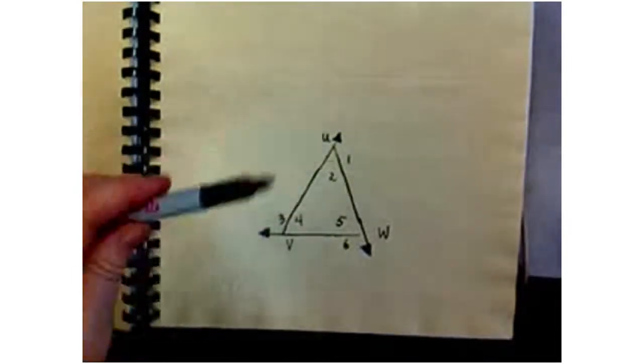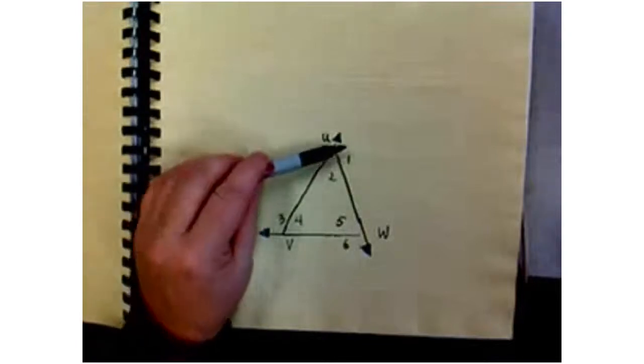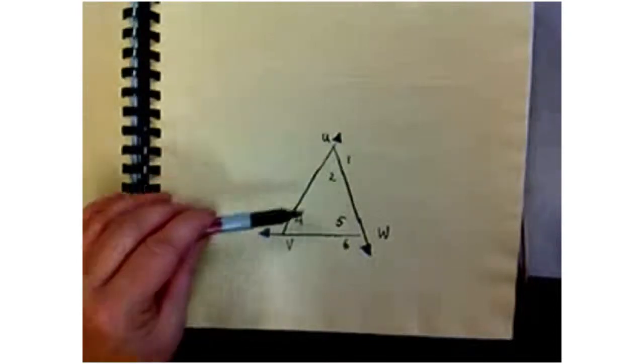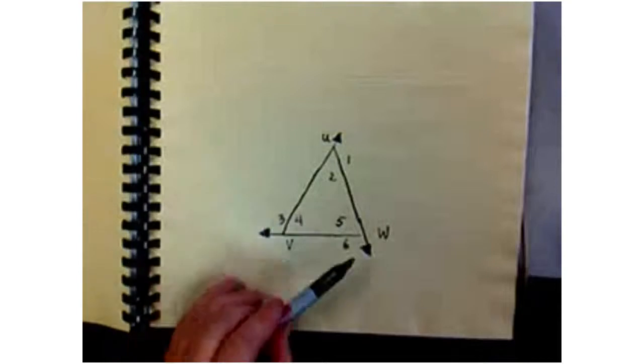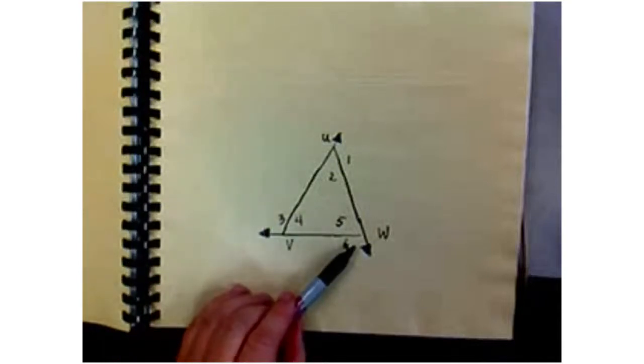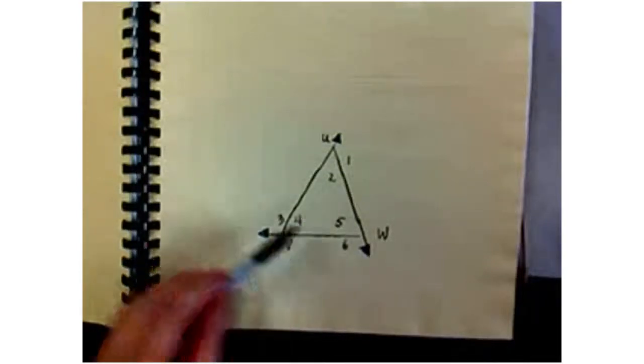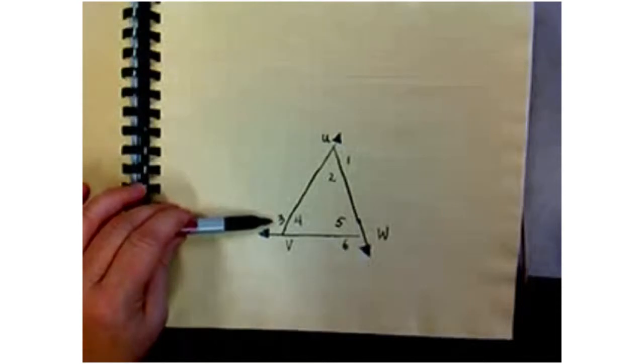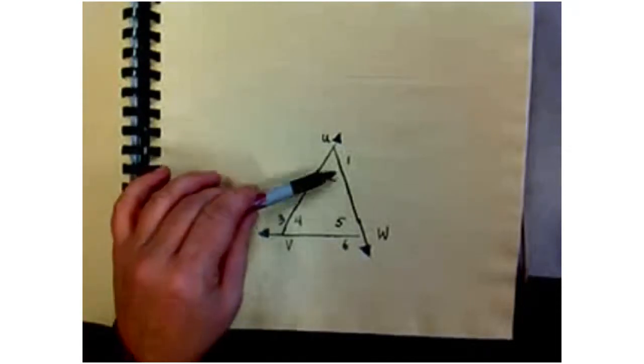And then your remote angles to each one of them, so angle 1, the 2 remote angles would be 4 and 5. To angle 6, the 2 remote interior angles would be 2 and 4. And the exterior angle 3, the 2 remote interior angles would be angle 2 and 5.